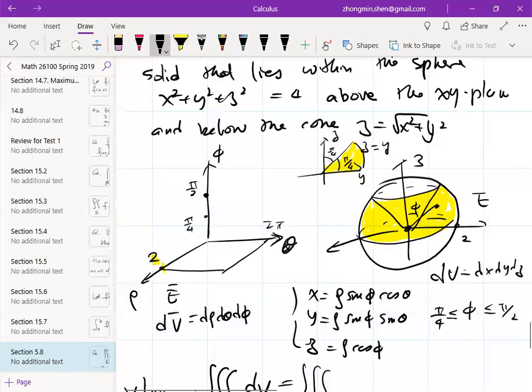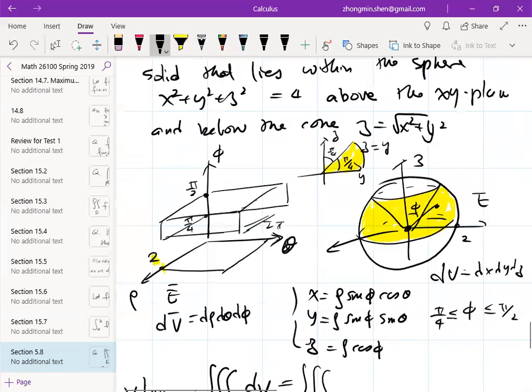So how can I describe it? It's a little bit harder to draw it. Yeah, this is a pi. I'm pretty sure, because phi is between pi over 4 and pi over 2.